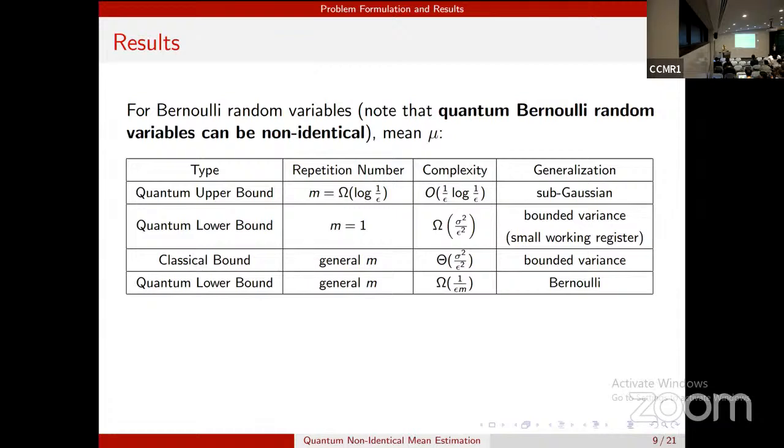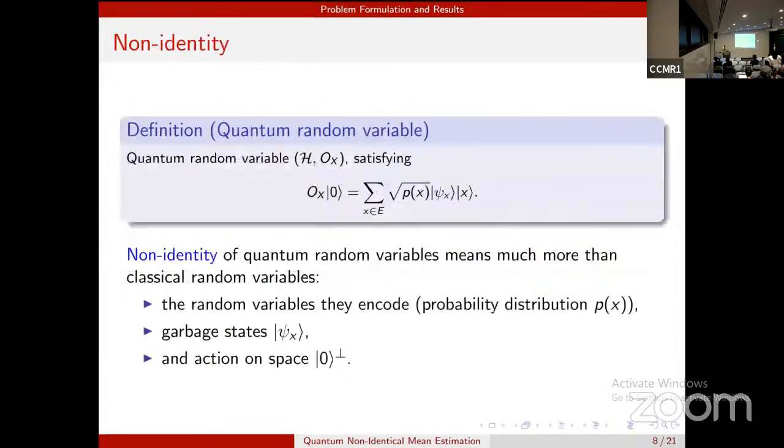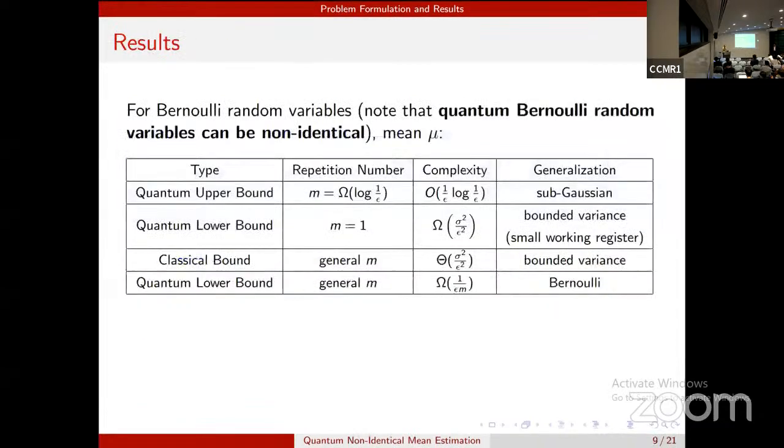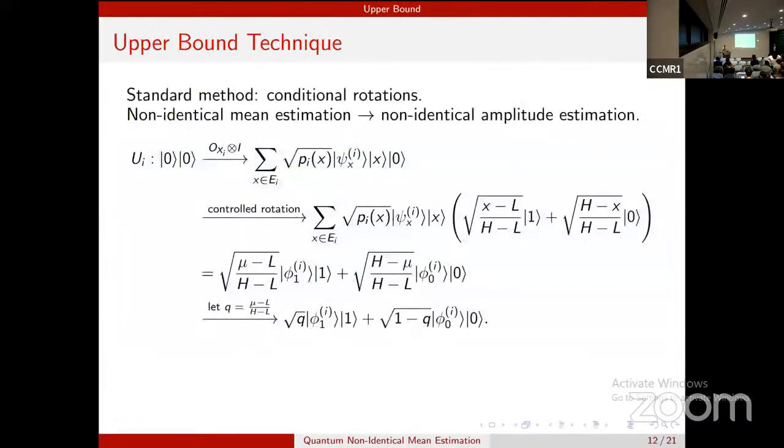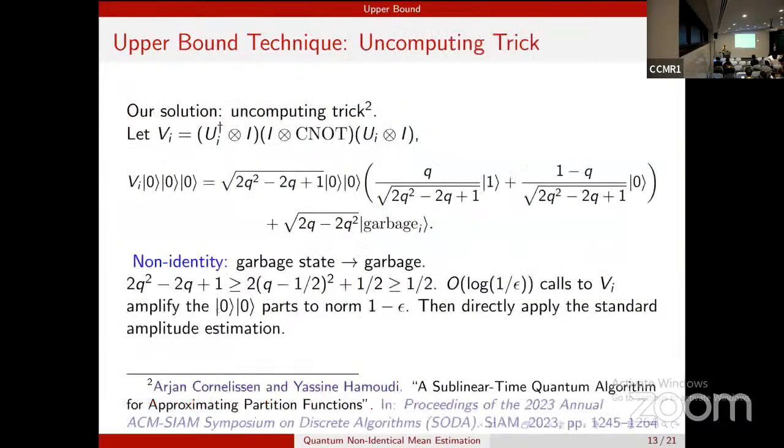Yeah, I think my question is related to what this person just asked. Normally there are different types of choice of your encoding oracle, right? And from your upper bound slides, I can see why you need to include this garbage state, because you have to operate on that garbage state in order for your upper bound technique to work.